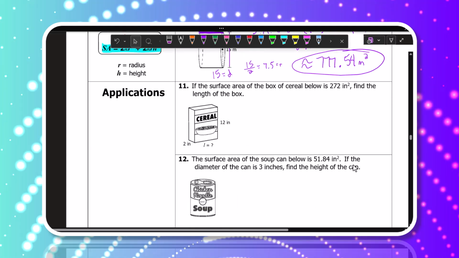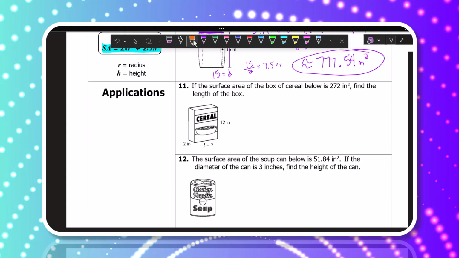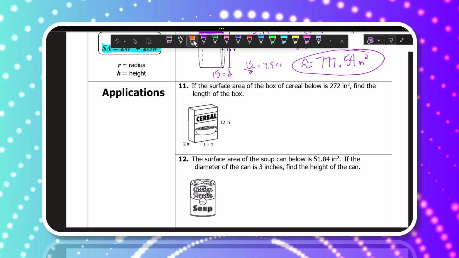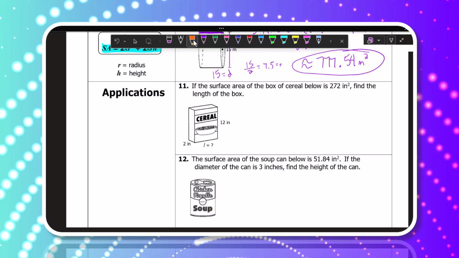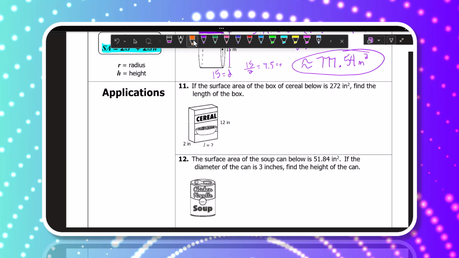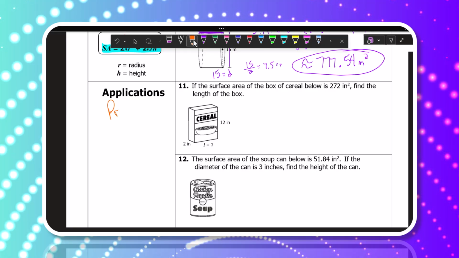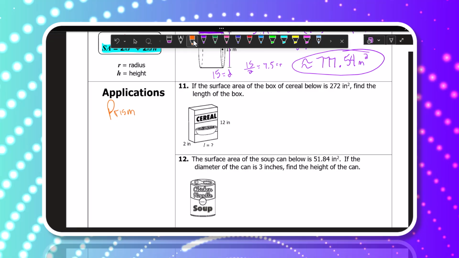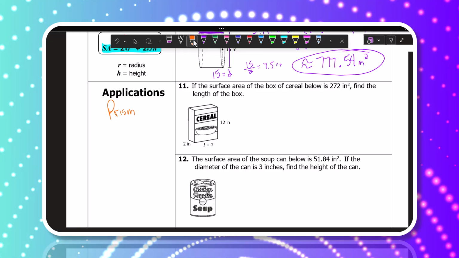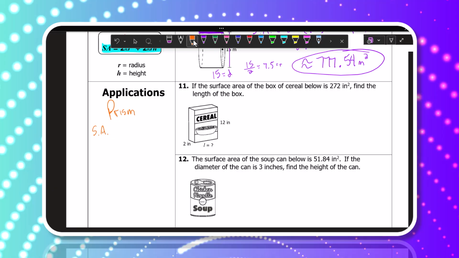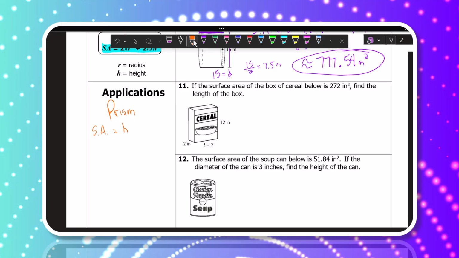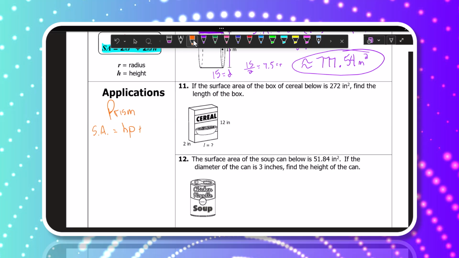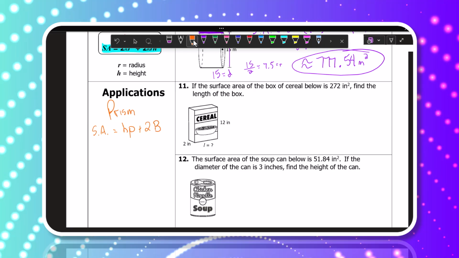Now we got 2 word problems. Okay, we got a prism and we have a cylinder. So let's rewrite those formulas here. For a prism, surface area is going to be the height times the perimeter of the base plus 2 times the area of the base.